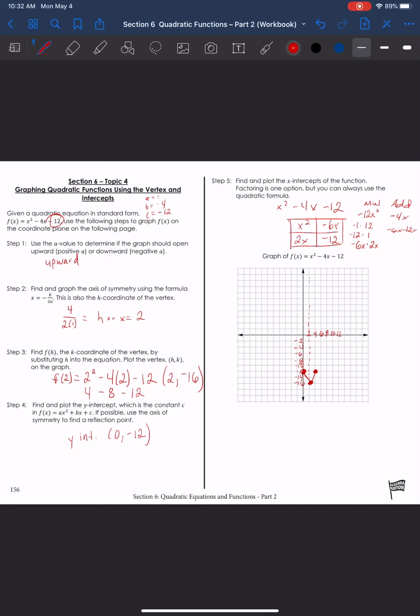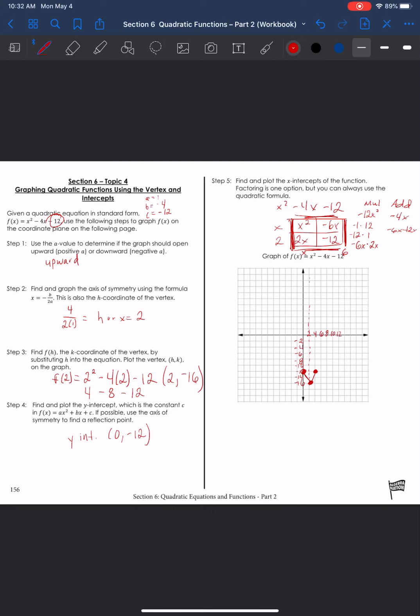Now we're going to factor in all four directions. My top row here, the common factor is going to be an x. My bottom row down here, the common factor is going to be a 2. My first column, I can take out an x, and then my second column, I can take out a 6.